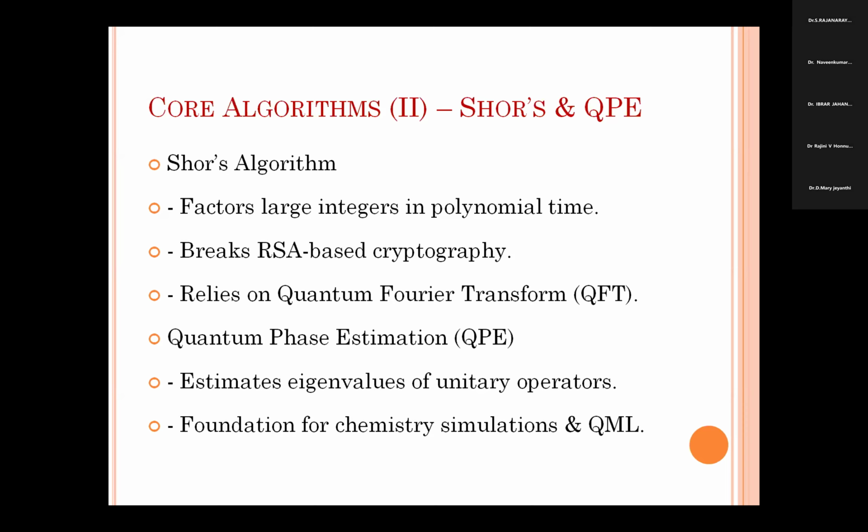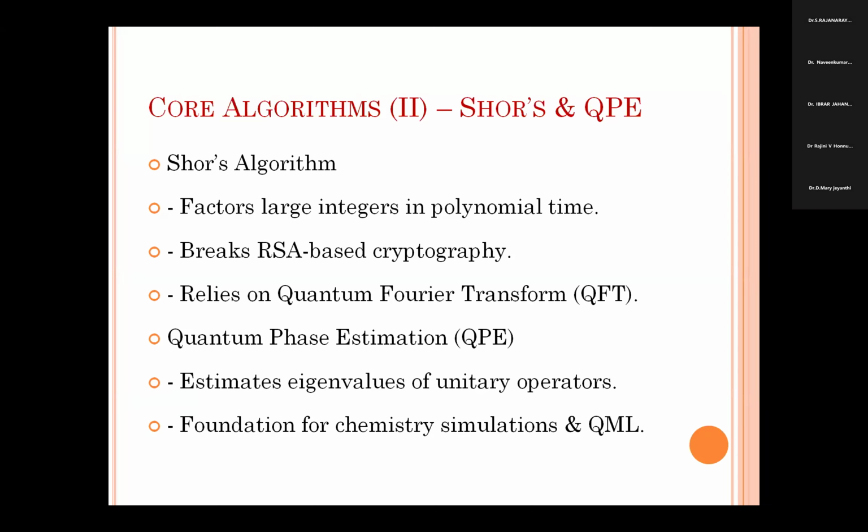What are the steps used in Shor's algorithm? Classical preprocessing, followed by quantum period finding, then classical post-processing. These three steps are used in Shor's algorithm.